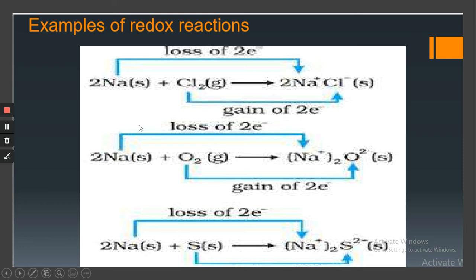In this case, sodium loses its electron and oxygen gains the electron. Next, when sodium reacts with sulfur, sodium sulfide will form. In this case, sodium loses its electron and sulfur gains the electron.